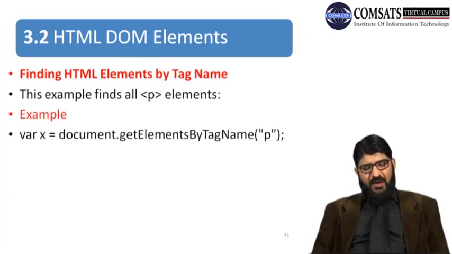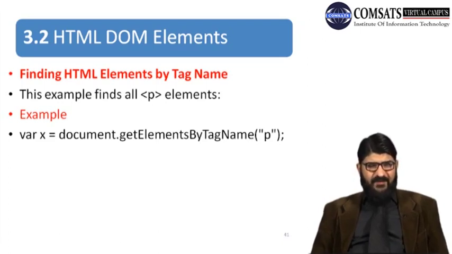The second way of finding the HTML element is by using the tag name. This is the example to find all the paragraph elements. What is the way of writing the code for it? A variable name x is mentioned, and then it is assigned document.getElementsByTagName, where the tag name is p, that is the tag for paragraph.